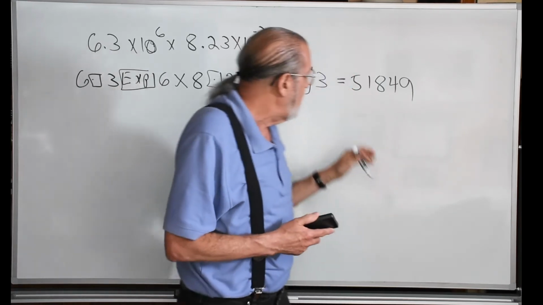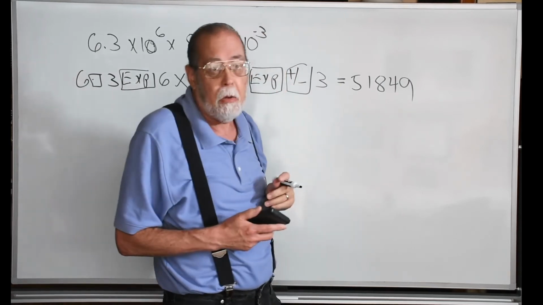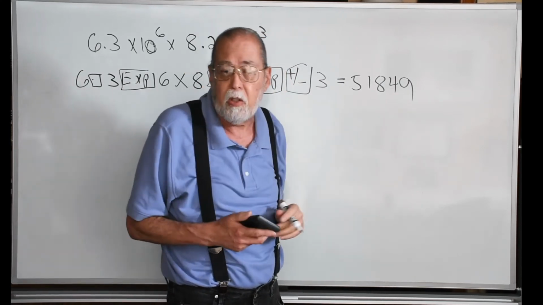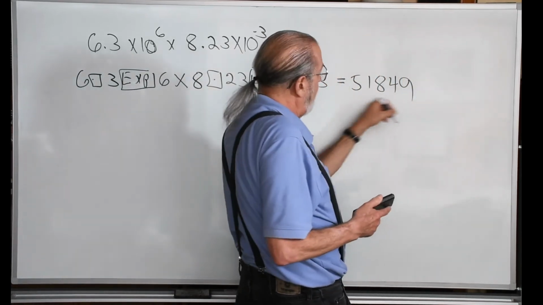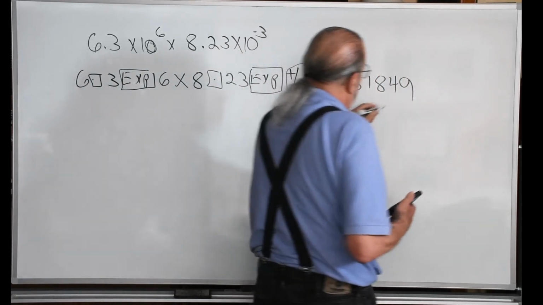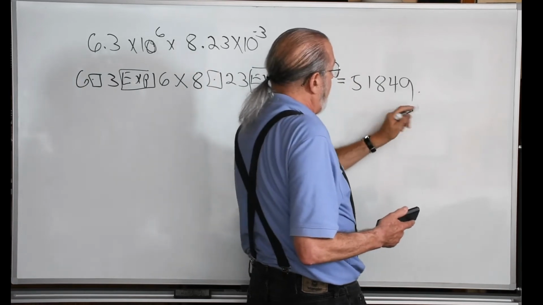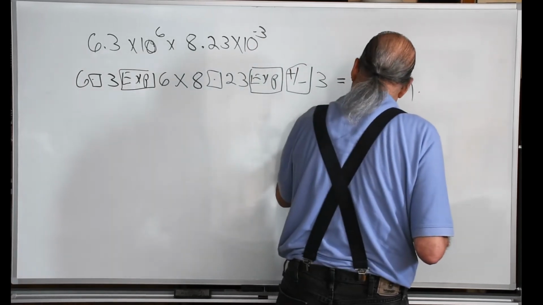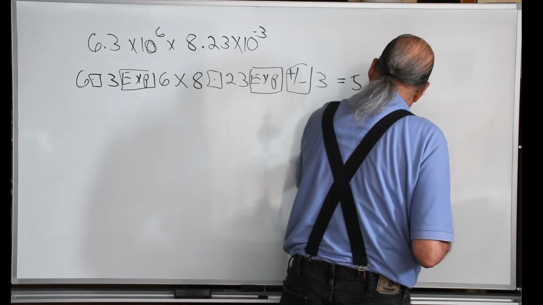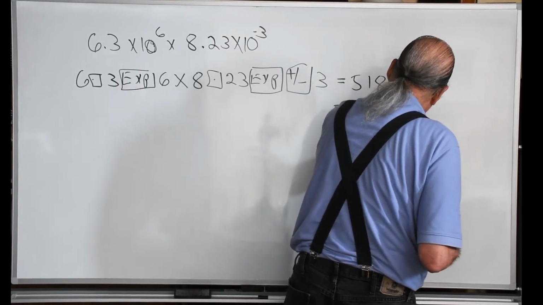Now if I want to put this in scientific notation, in some calculators you can actually push a button and it'll put it into scientific notation, but just as an exercise, this is a number larger than 10, so there's an implied decimal point there. I move it 1, 2, 3, 4 places. This is 5.1849 times 10 to the 4th.